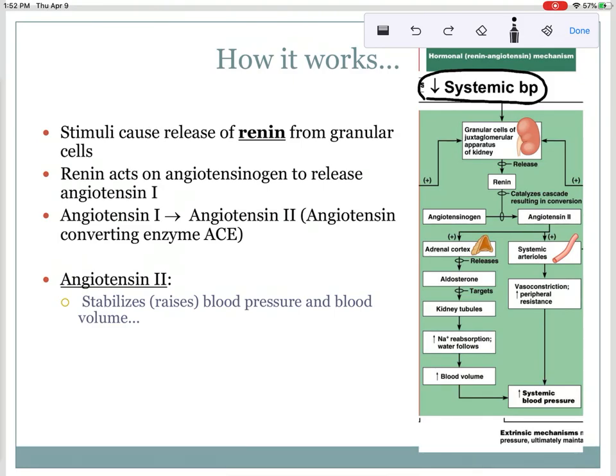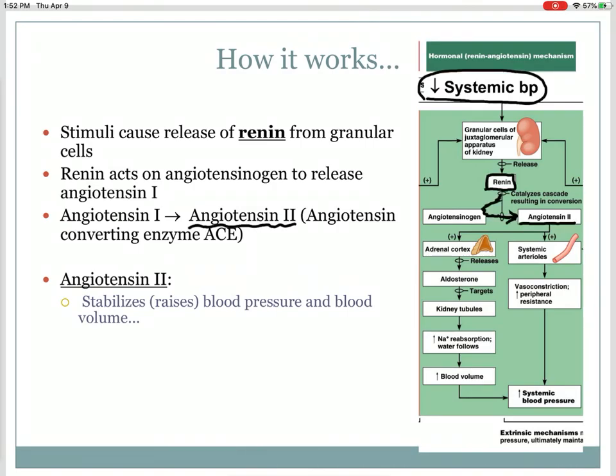If there is, the kidneys will release a hormone called renin. Renin goes through a series of chemical reactions until we get the all-important angiotensin II.